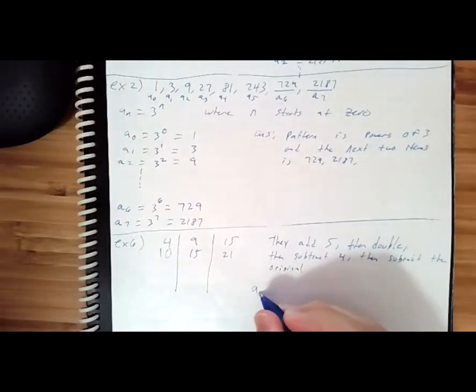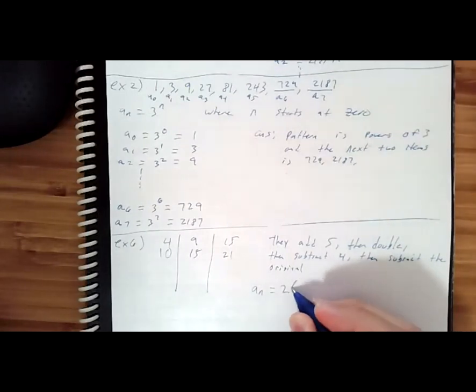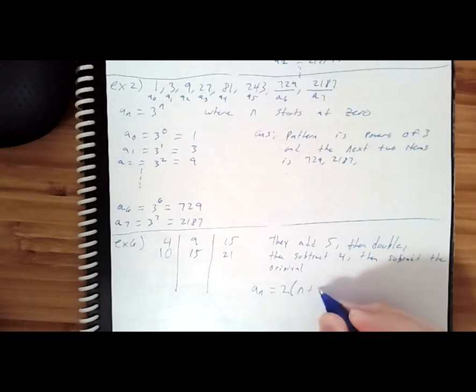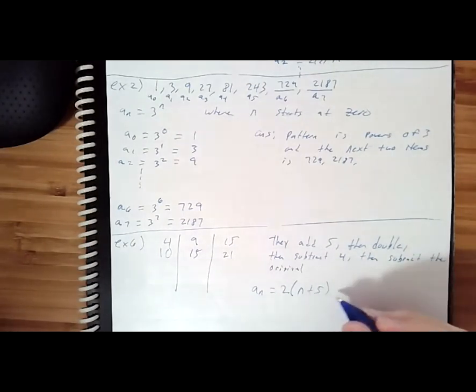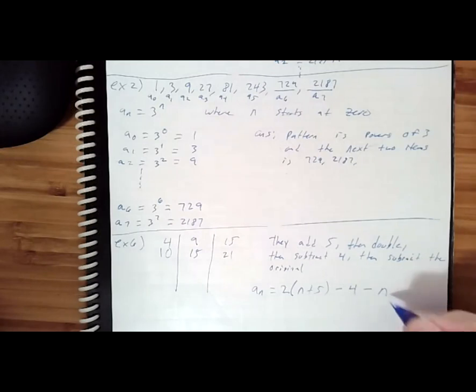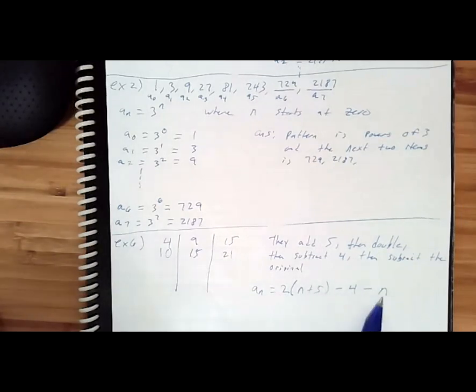So we'll call this some sequence A_n. So they're going to double the result of the number you choose plus 5, right? So the number I choose, you add 5 and double it, right? Then it says subtract 4. Then it says subtract the original. So this is the original being added to 5, doubled, minus 4, and then subtract the original.